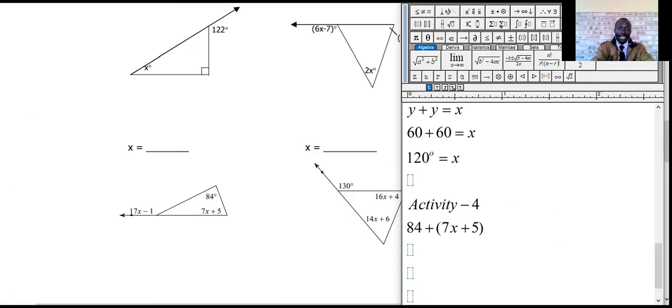Then you equate it to 17x minus 1. This way, you can find the value of x with a lot of comfort.